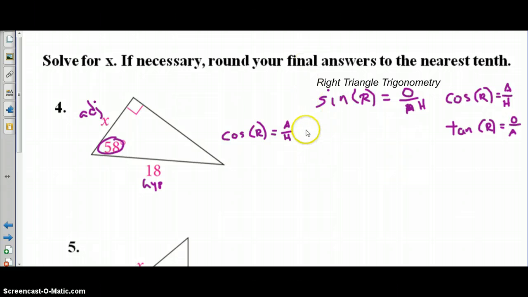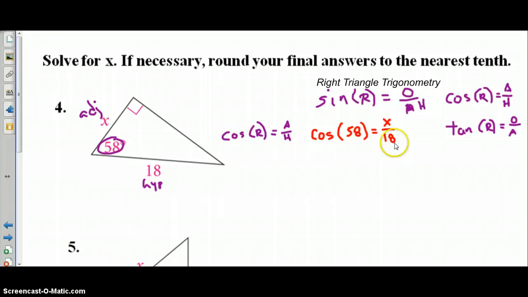And so if we substitute in, we have the cosine. Our reference angle is 58 degrees, so we substitute in 58, and that is equivalent to the adjacent over the hypotenuse. The adjacent side is unknown, so that's x, and the hypotenuse is 18. So now we have a basic equation with a fraction.